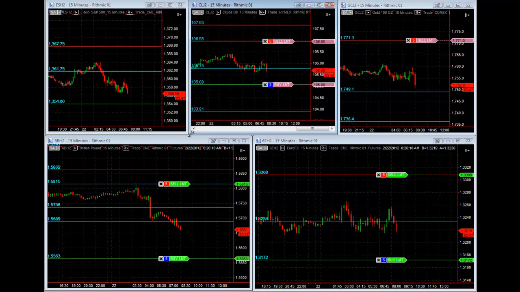Some charting packages will have these calculations done for you. You can open up your indicators and find pivot points. And generally, when you tell it to add the pivot point, it will also add in the support and resistance levels. This charting package does not do it.